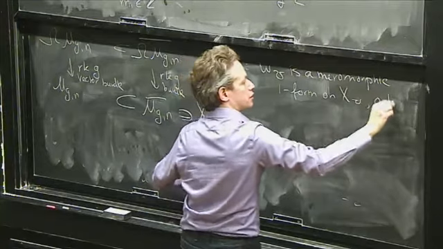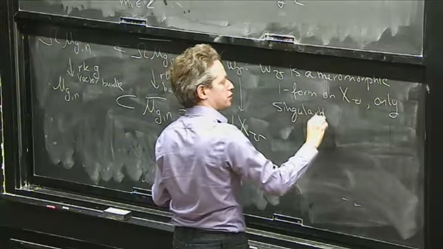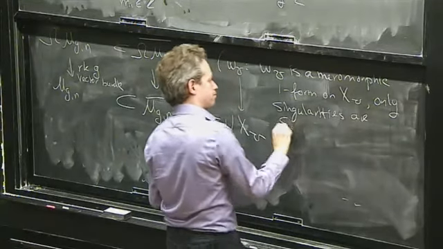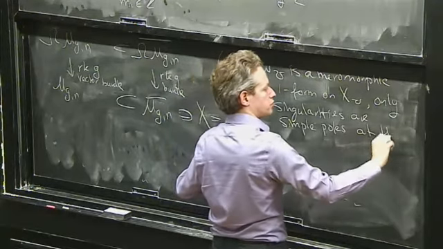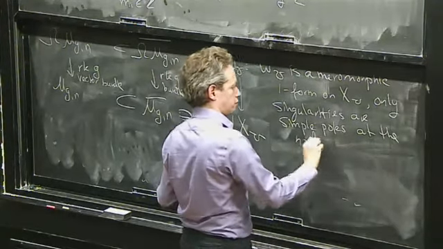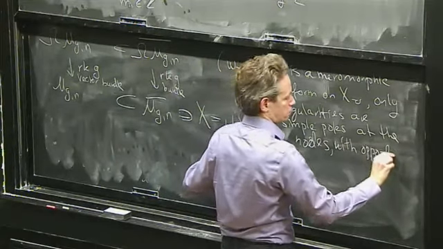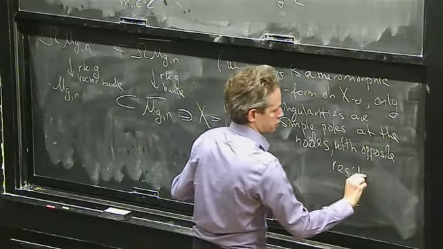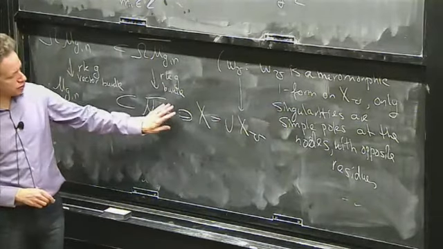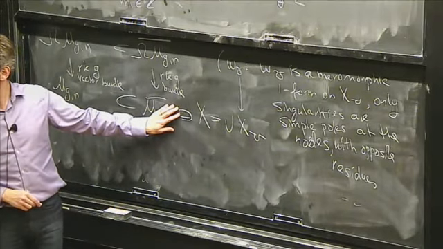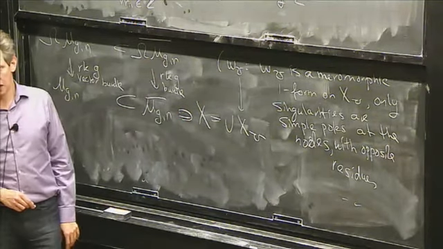Only singularities are simple poles at the nodes with opposite residues. Okay? This discussion here does not care about the points. So what I really did is I said do this without points and then just throw in the points as irrelevant to the rest of the data.